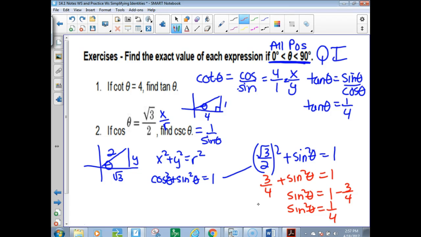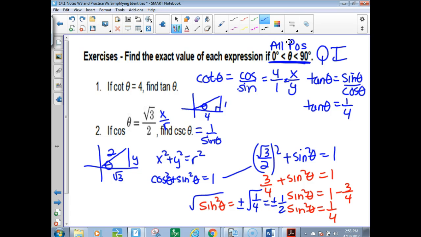And then I'd take the square root, and guess what? If the sine squared theta is 1/4, if you take the square root of both sides, reminder, how many answers does a squared problem have? Okay, plus or minus. The square root of 1/4 would be plus or minus 1/2, which is the answer.